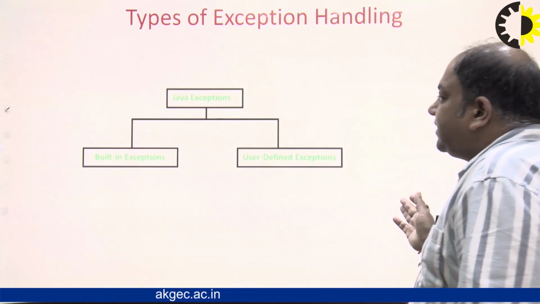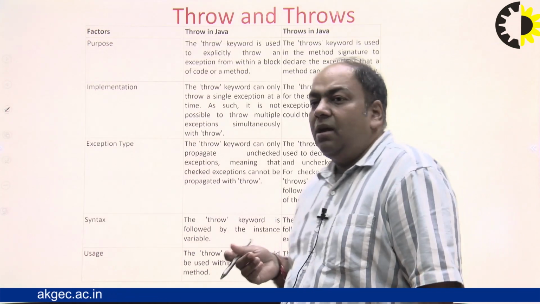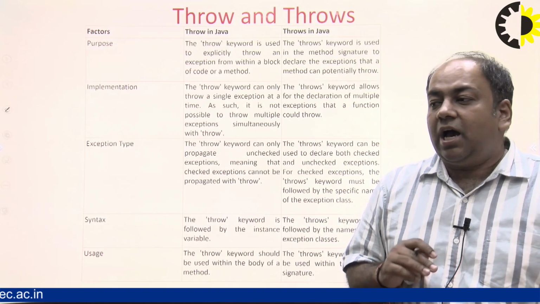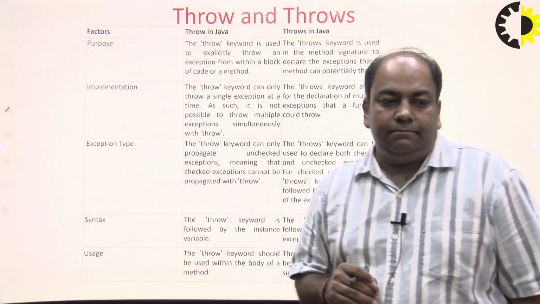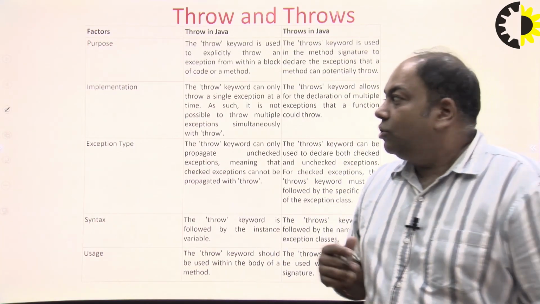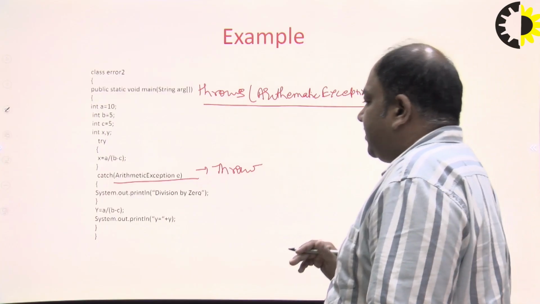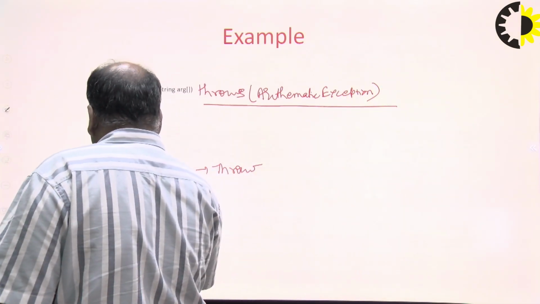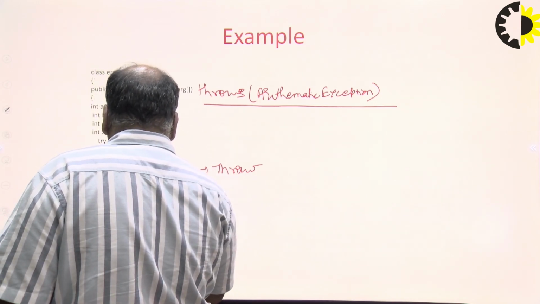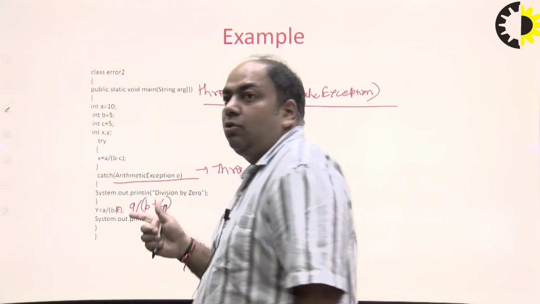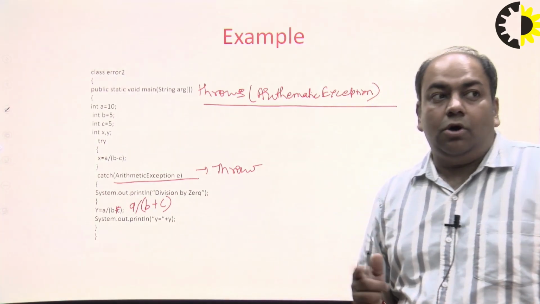These exceptions come from errors, and why do we use exceptions? We use exceptions so that our program runs smoothly even if it has some error. Without using exception handling, our program will not execute or compile.